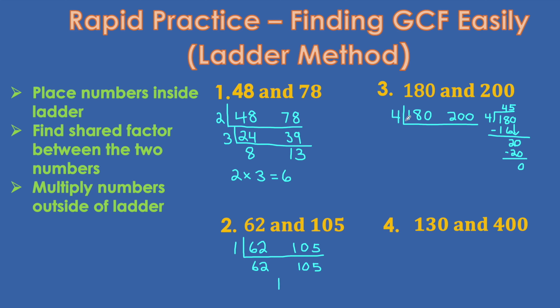So 4 goes into 180 45 times. And 4 goes into 200 50 times.